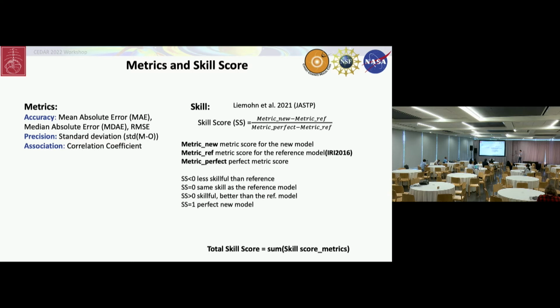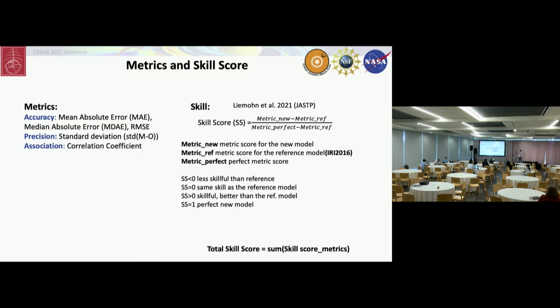The second is the precision: I use the standard deviation to evaluate the precision of the model. And lastly is the correlation coefficient. The skill score is based on the Liemohn et al. 2021 JSTP paper, which calculates the skill score based on the metric.